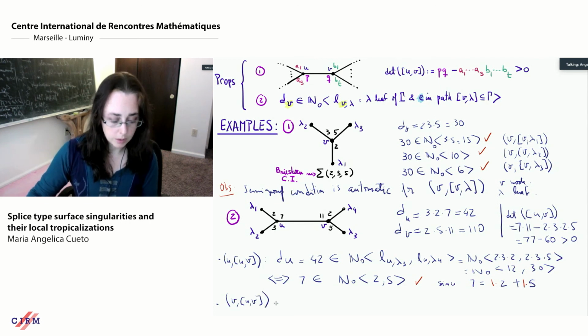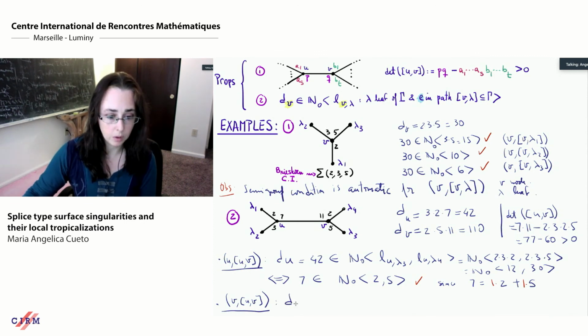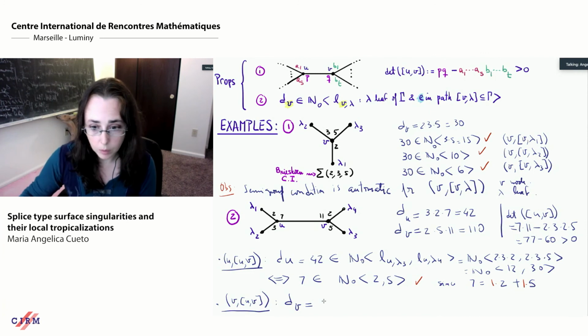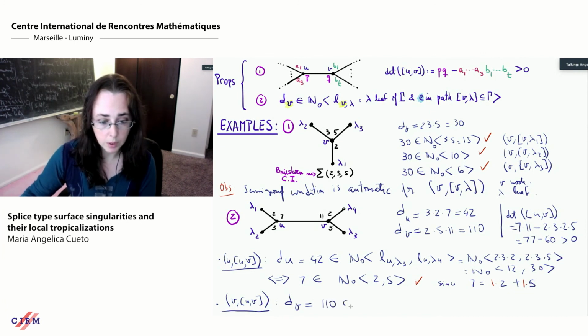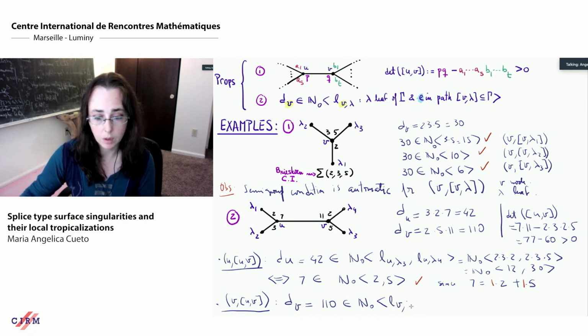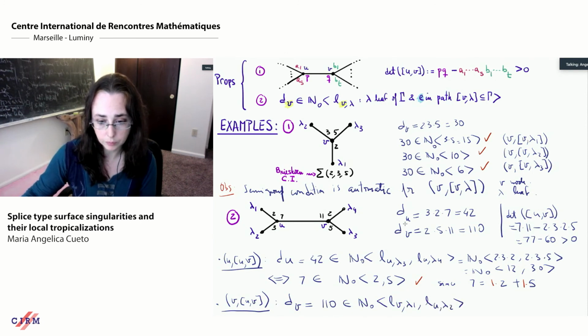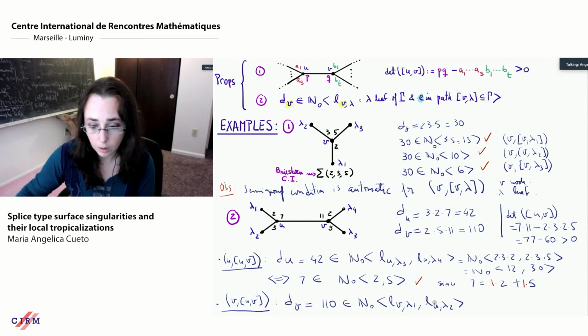Okay, so now the second thing to check for the semi-group condition is the second linking number of v with itself, which is going to be 110, and I have to check if that's in the semi-group spanned by the linking numbers of v with the other two leaves, so lambda 1 and lambda 2. Sorry, that should be a v here.